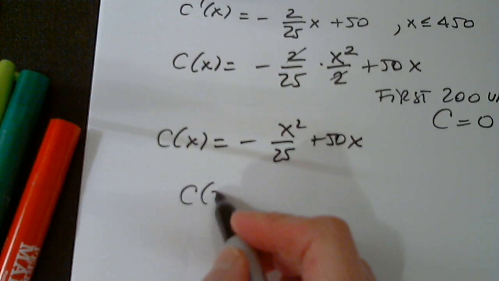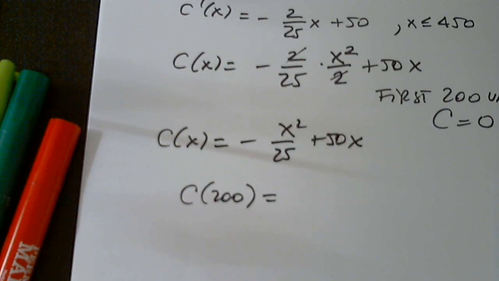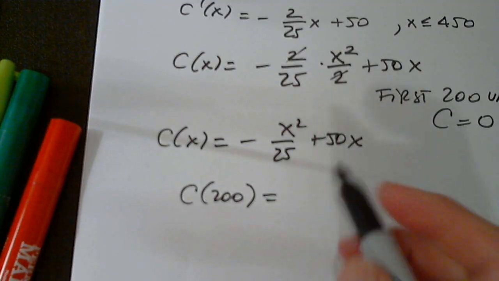All I have to do is find C of 200. And of course, again, you know what I'm going to do. I'm not going to calculate anything by hand. I can quickly put it in the graphing calculator, and all I have to do is plug in 200. 8,400.